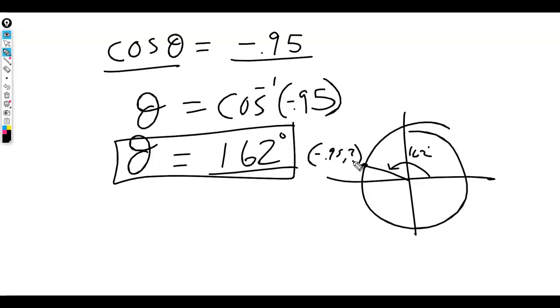Now here's the next part I want you guys to do. I'd like you to find another place on this unit circle where you would have negative 0.95 for the x value. Where would it be located?